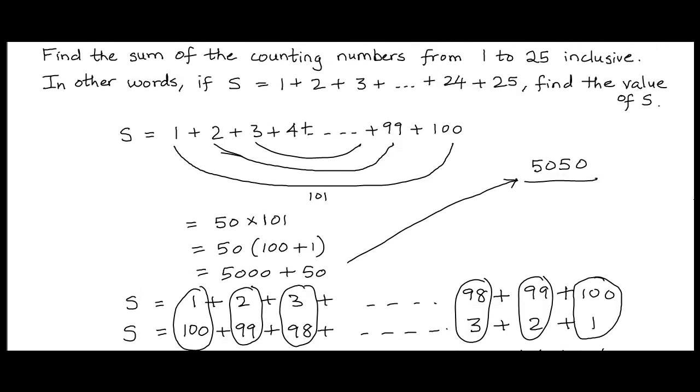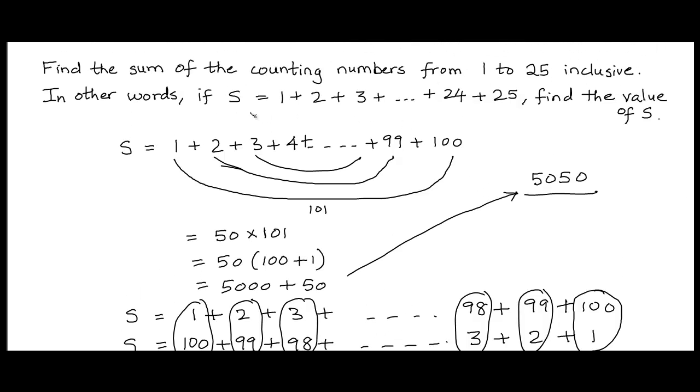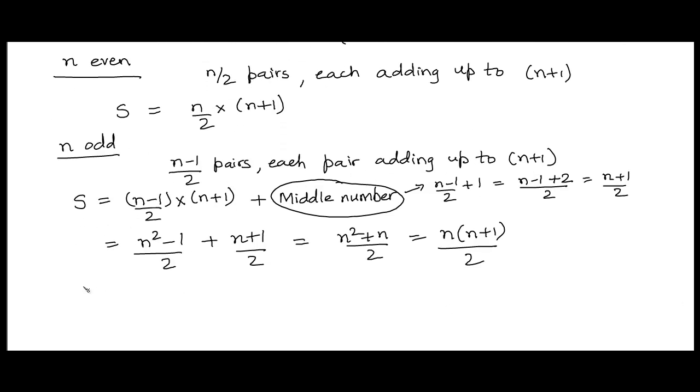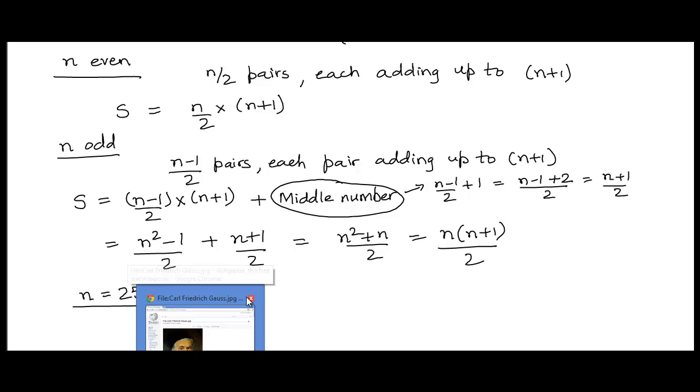So let's get back to our original problem. The original problem was to compute the sum of the first 25 natural numbers. So now that we have a general solution here, we can just substitute n is equal to 25 in this formula.